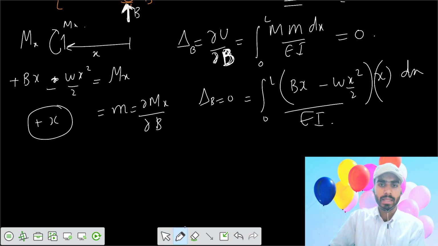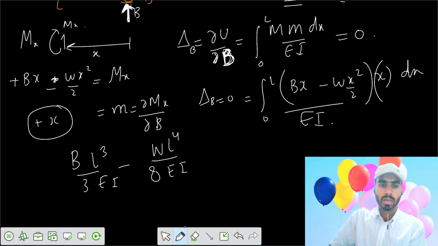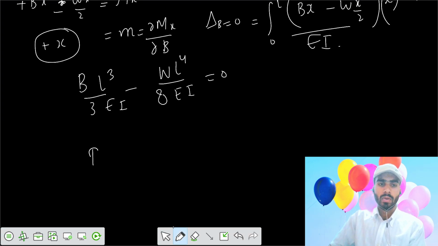After calculating it, you can get the value of Bx cube by 3, that's BL cube by 3, and you get here the value of wx to the power 4, WL to the power 4 by 8 EI equals to 0. That means the reaction provided by support B equals to 3 by 8 of WL.